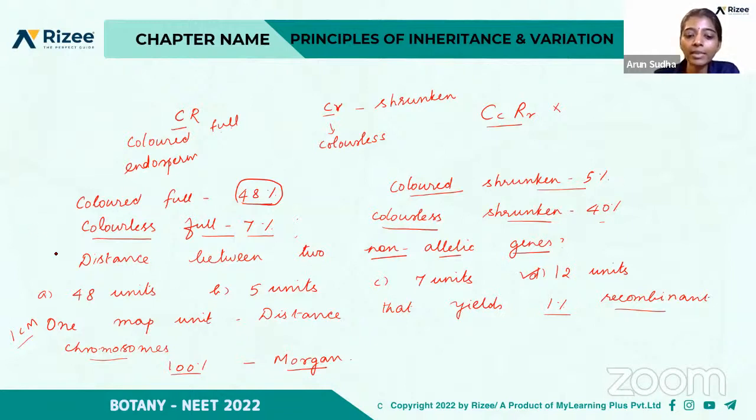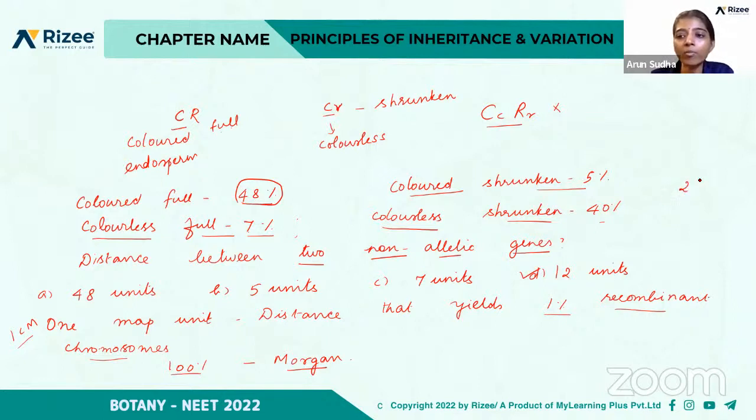So the question is, what will be the distance between the two non-allelic genes? Here we have to calculate the total percentage of recombinants formed. That is 7 and 5%, so total recombinants is 12%.